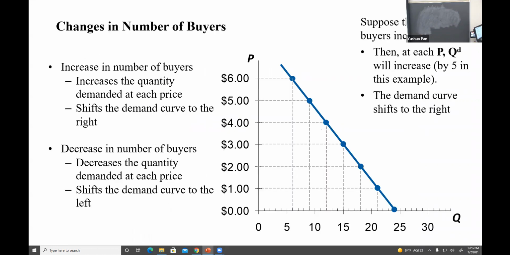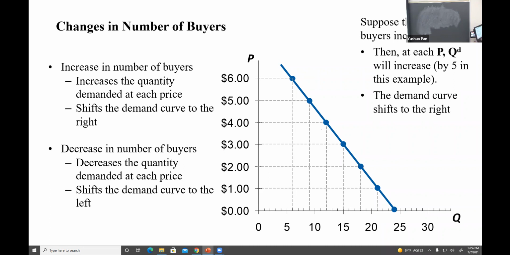The first one is the changes in number of buyers. An increase in number of buyers increases the quantity demanded at each price. From the individual demand to market demand, we already know that. The market demand is the sum of all individual demands. That will shift the demand curve to the right, because compared with Sophia, with the given price, the quantity demanded is smaller than the market.